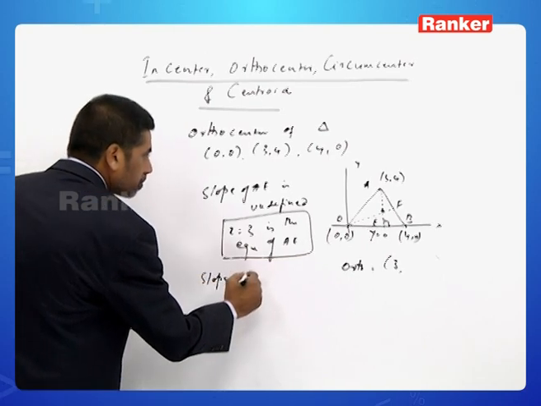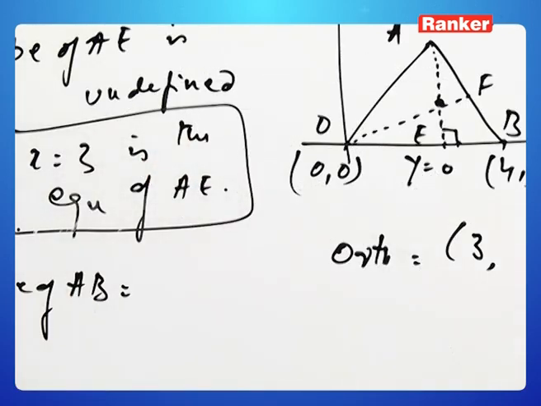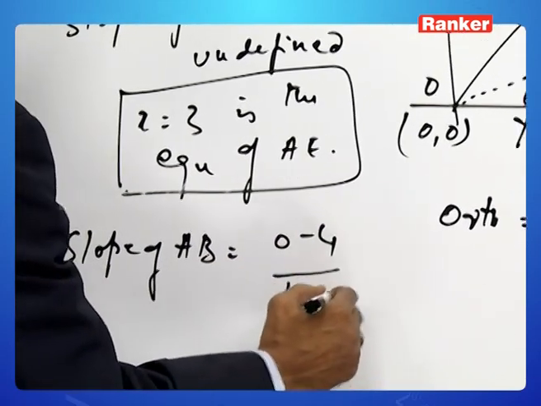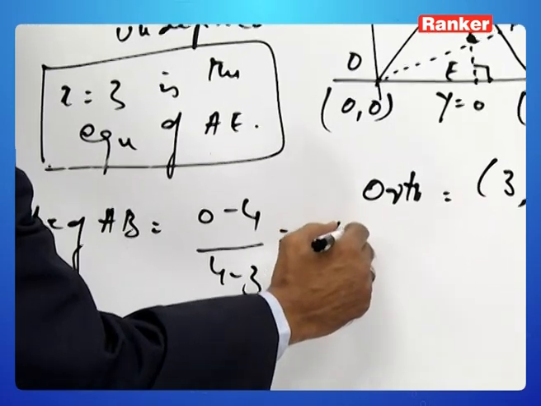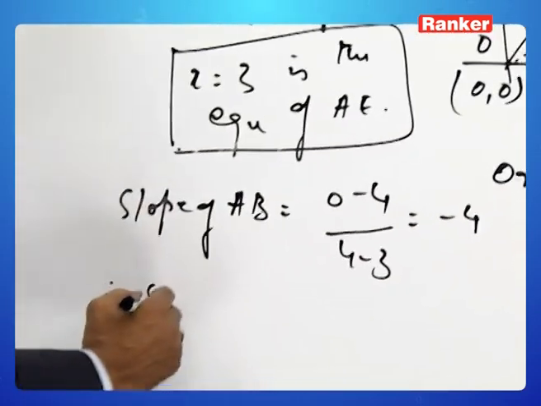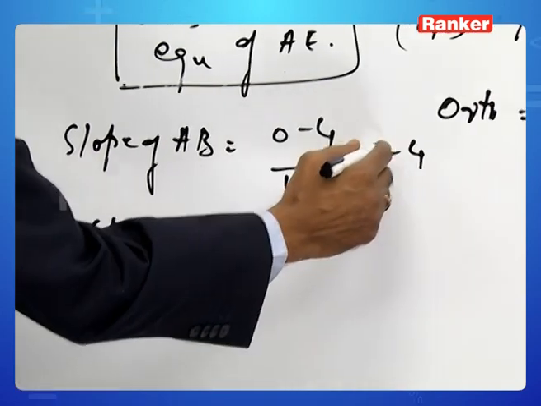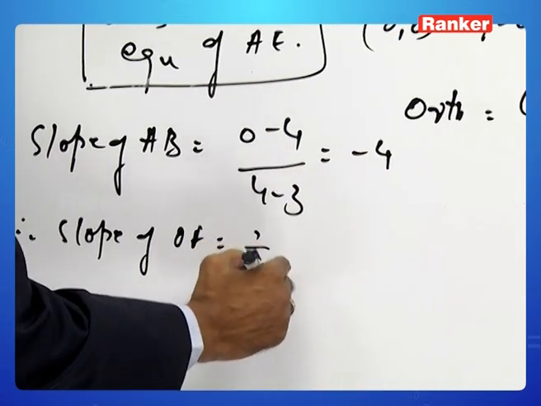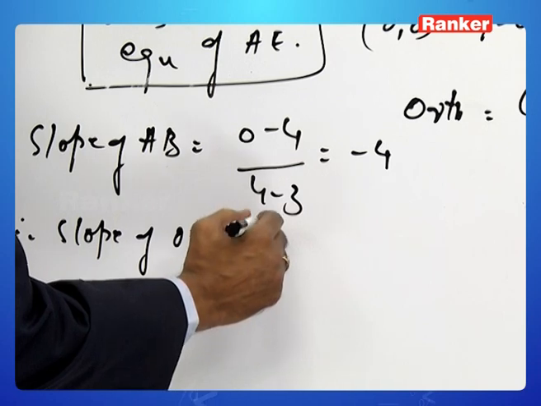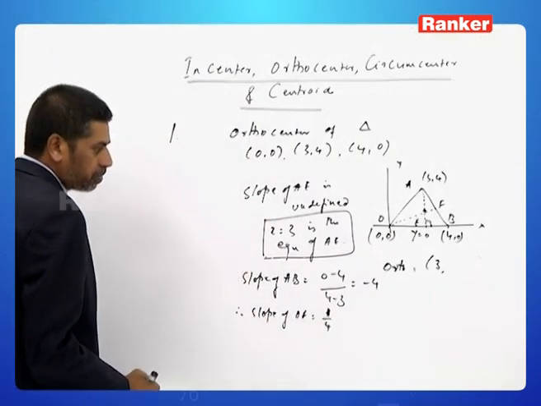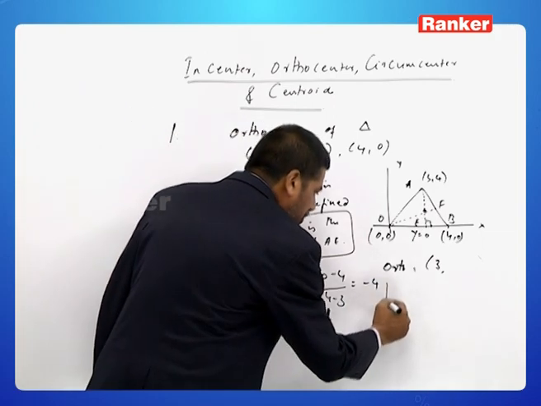Slope of AB is (0 minus 4) by (4 minus 3), therefore it is minus 4. Therefore, slope of OF will be the negative reciprocal of this, so it will be 1 by 4. Right? So what is the equation of OF?